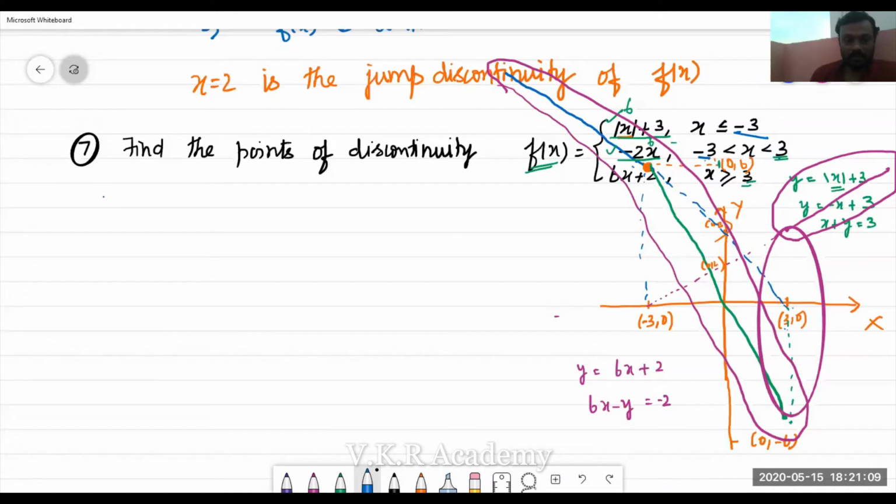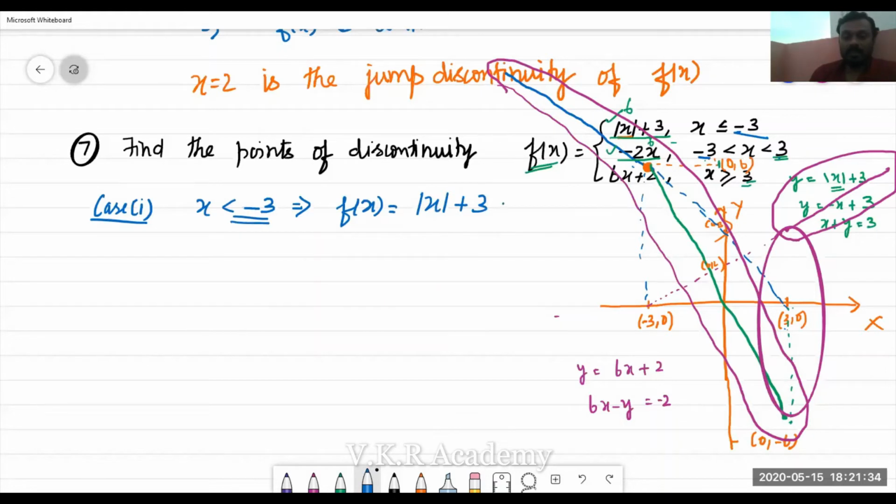So case 1, when x is less than minus 3. So when x is less than minus 3, it falls in the first interval. So this implies f of x is equal to mod x plus 3. But all the x values are negative. So mod x is minus x.